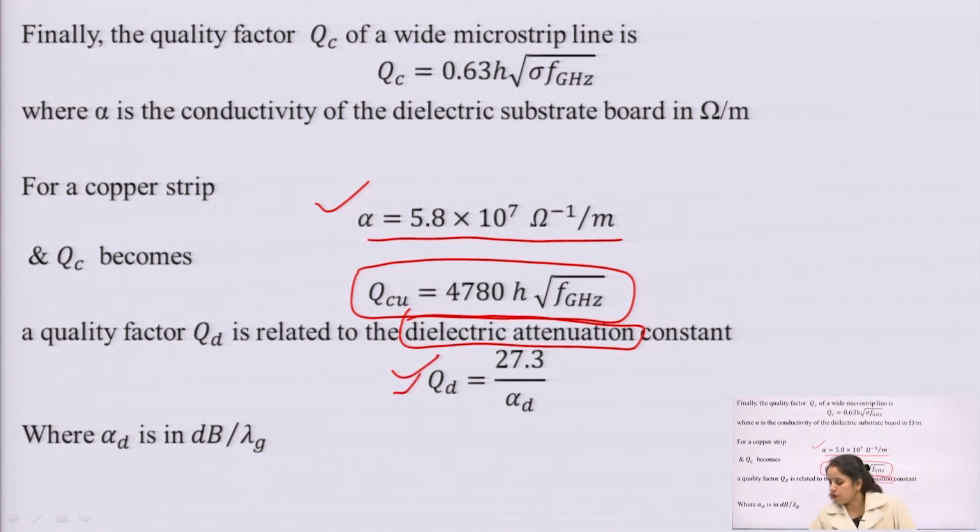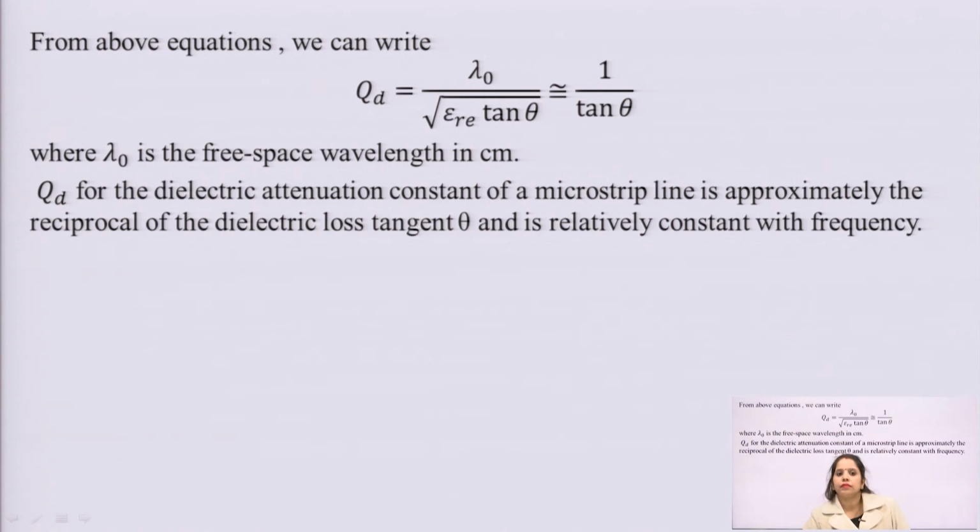So, basically what we are saying is that the quality factor due to conductor and due to dielectric differs very much in the case of a microstrip line. So, if we want to have the complete high quality factor of a microstrip line, we have to take both into consideration. The condition where the permittivity does not affect the conductor quality factor and the dielectric quality factor.